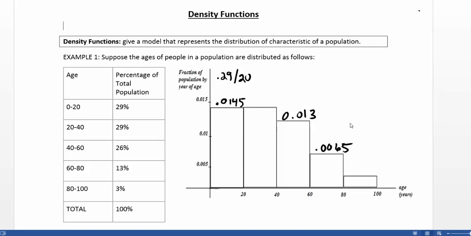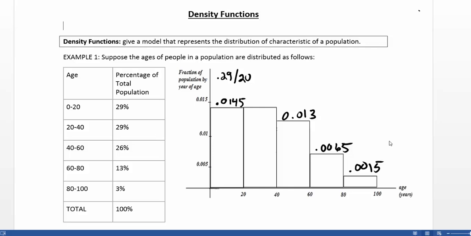Finally, from 80 to 100, we take that 3% and divide by 20, which gives us 0.0015. Those are the heights being charted because each interval needs to be divided by the length of the interval to get the height.